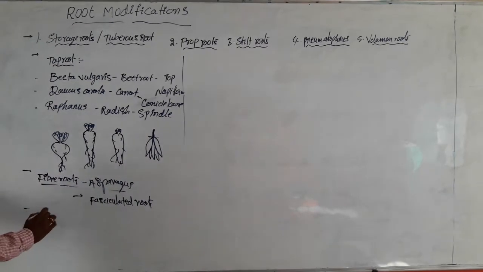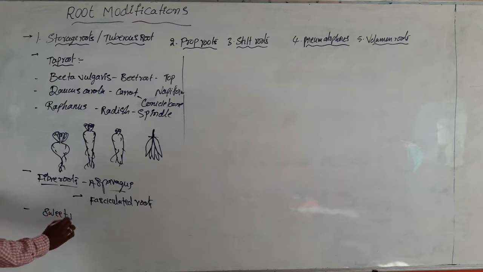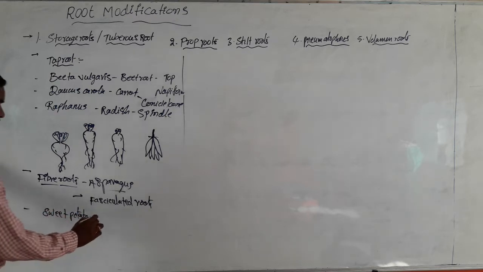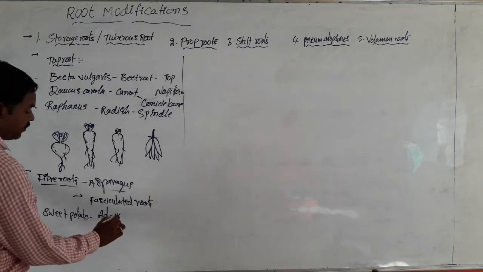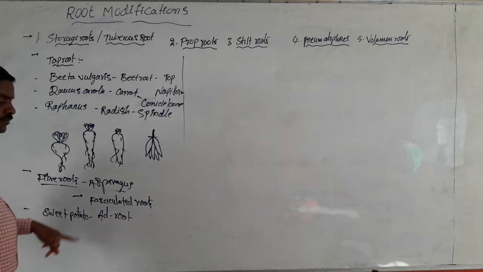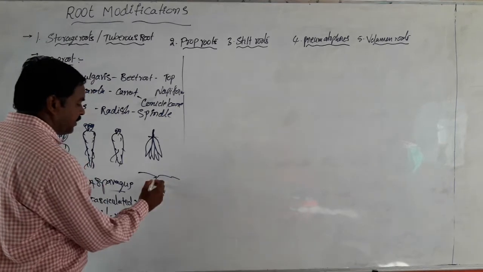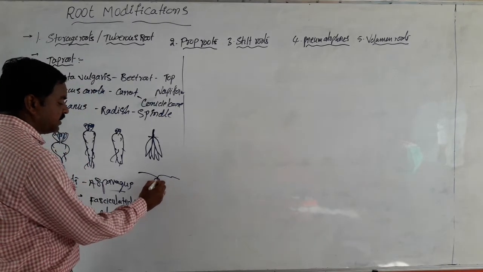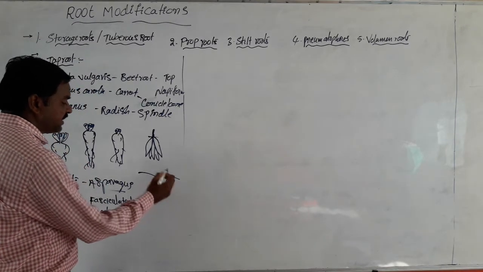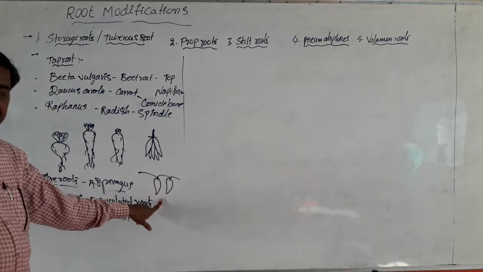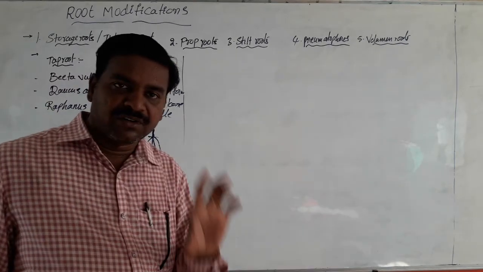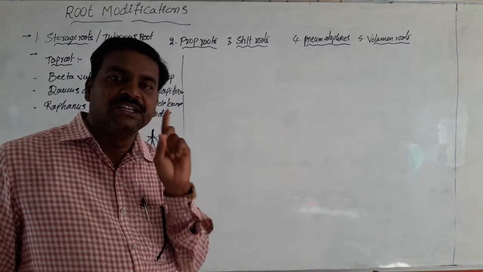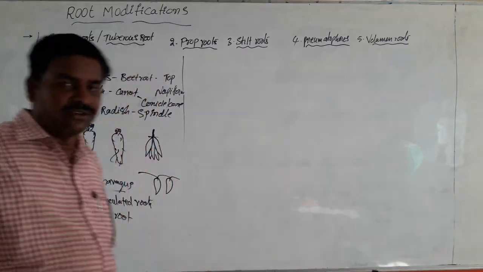At the same time, in case of sweet potato, adventitious roots store food. Only one adventitious root is present at each node. For example, this is the stem, this is the node. One adventitious root is present at each and every node, and this adventitious root stores some amount of food material to form a single tuberous root at each node.